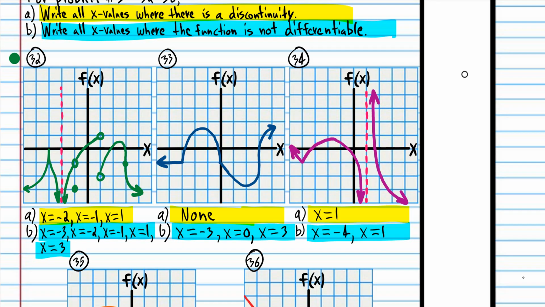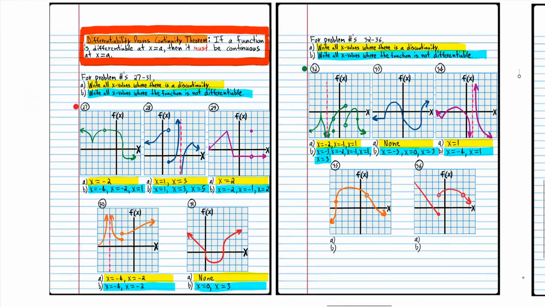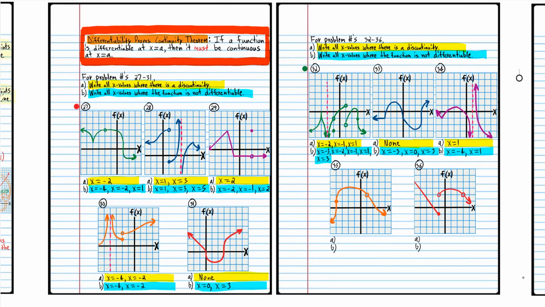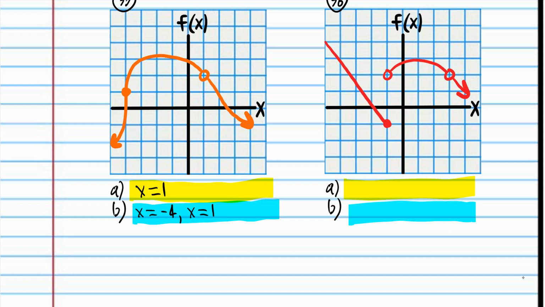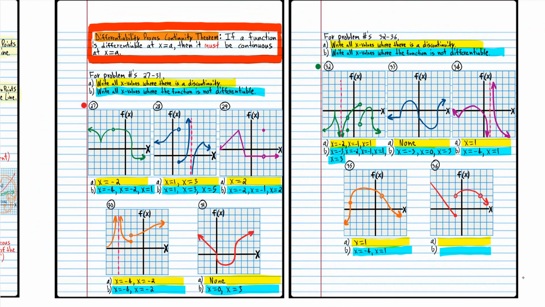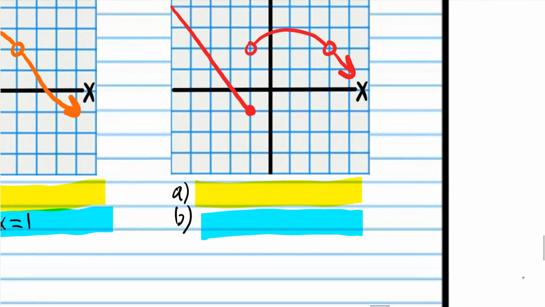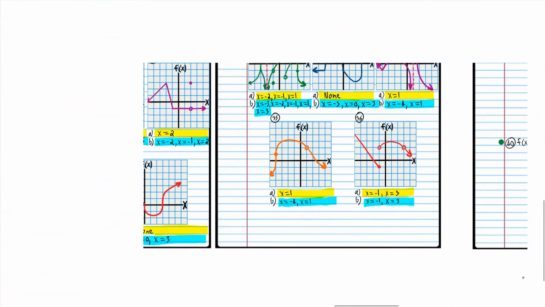Go ahead and try number 35, and when you come back, we'll do it together. Okay, we're back. Try number 36, and when you come back, we'll do it together. All right, we're back.